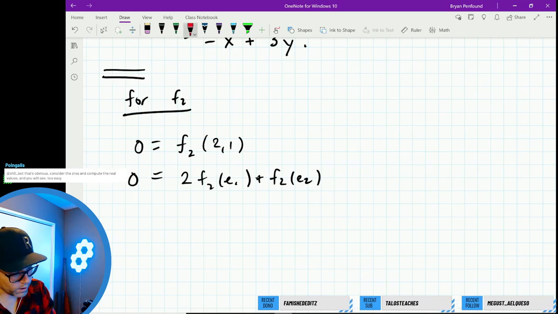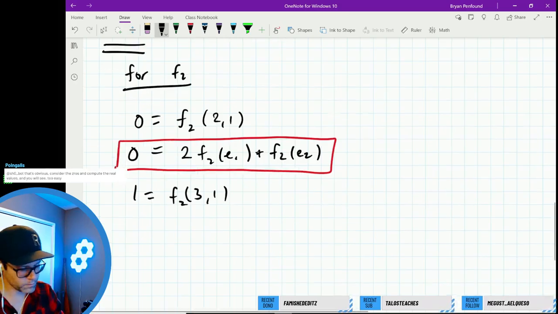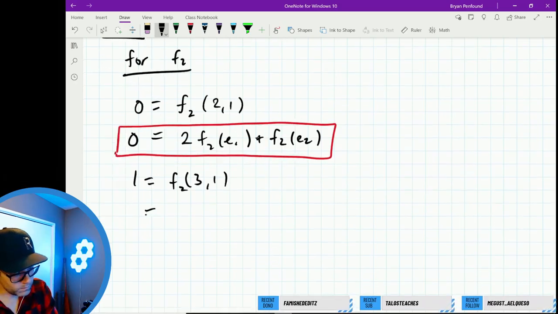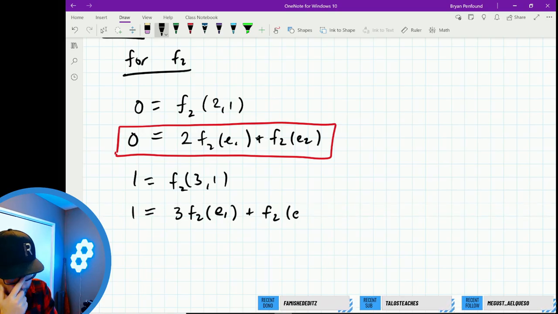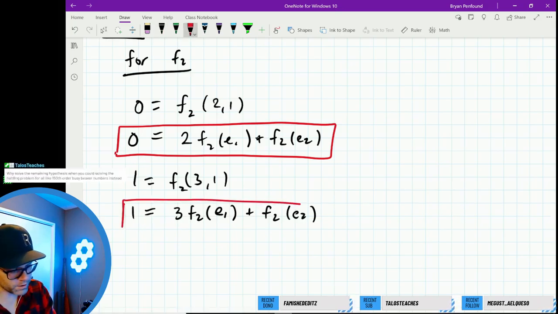So that's going to be one equation that we need. And then I think we'll get 1 is equal to F2 at 3, 1. So these are the two equations that we're working with for F2.